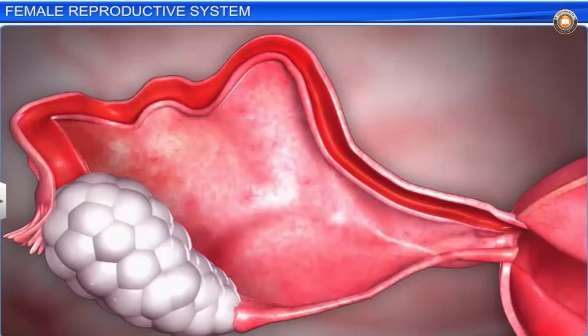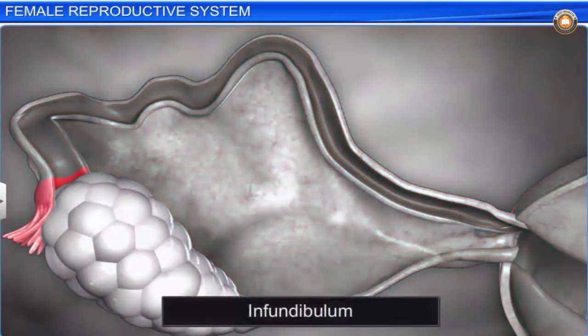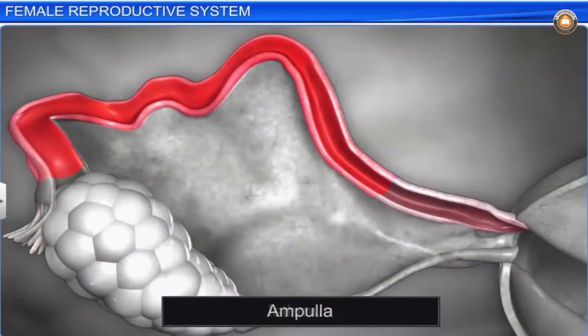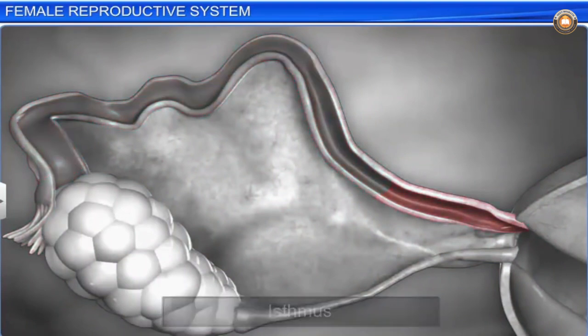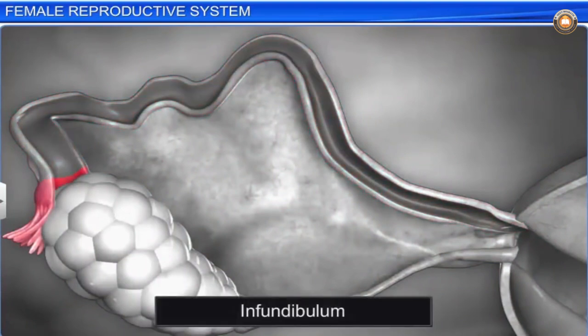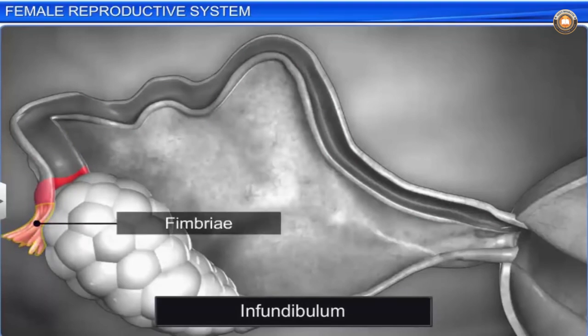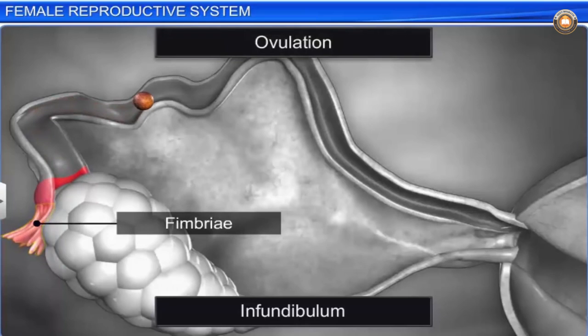Each oviduct is differentiated into 3 parts, namely the infundibulum, ampulla, and isthmus. The infundibulum is a dilated funnel close to the ovary, and its edges are surrounded by finger-like projections called the fimbriae. They help collect and push the ovum into the oviduct after ovulation.